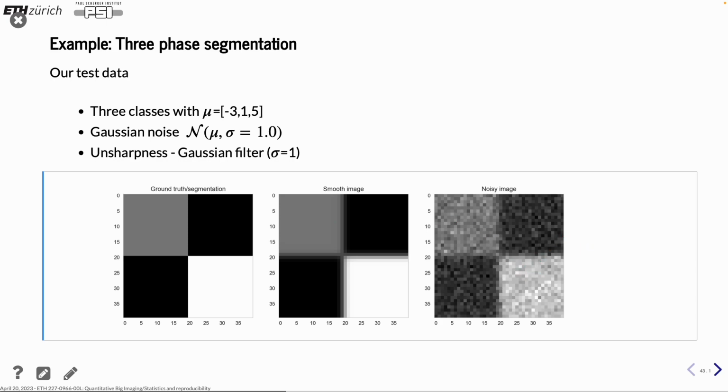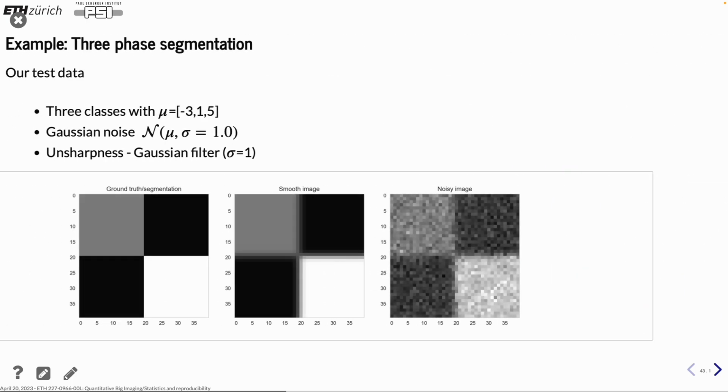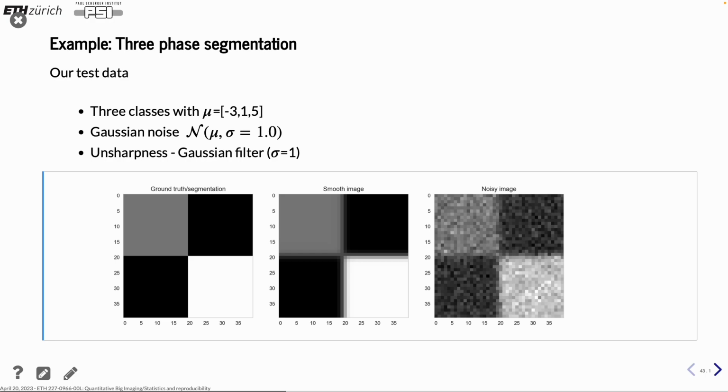So you can see we have both noisy and unsharp edges. And from there, I can take the image. One more thing. In this example, I didn't apply any segmentation method. I just used the ground truth as the segmented. So ideally, you should segment that image and do analysis based on that. But now I just used this ground truth.